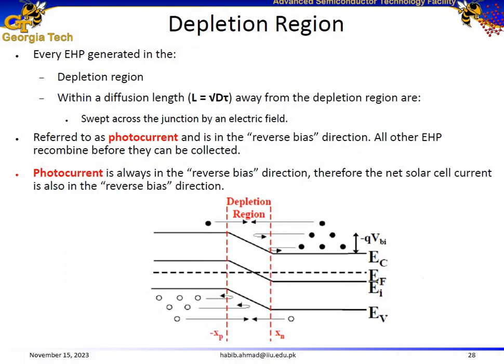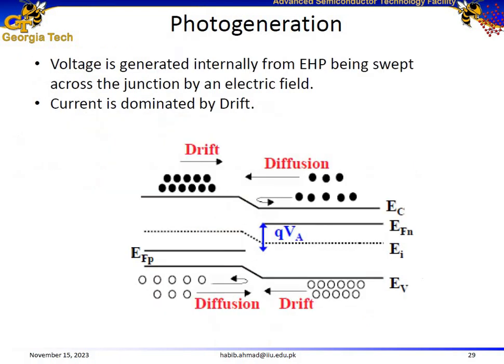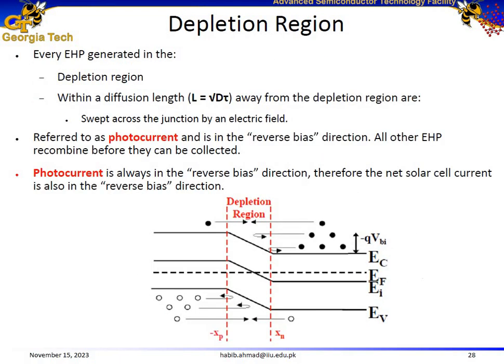But how do we relate it to the solar cell? Let us now understand the concept of a solar cell. What happens in a solar cell? In a solar cell, we have a p-n junction. Light is incident on this p-n junction, resulting in the generation of carriers in the p-type layer, in the n-type layer, and also in the depletion region.